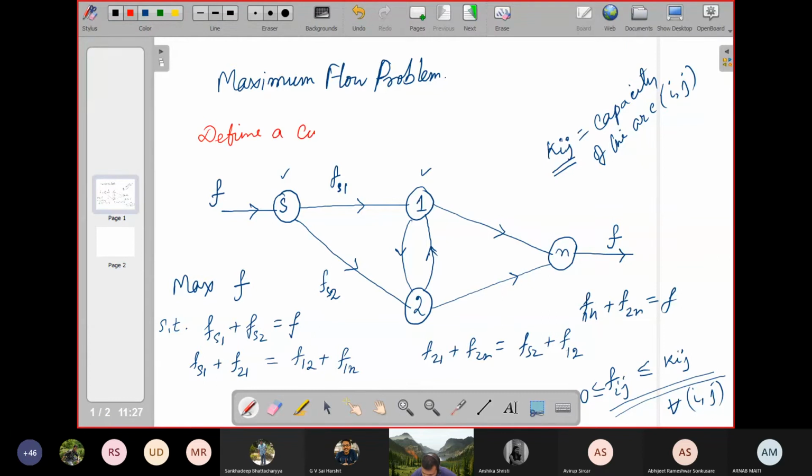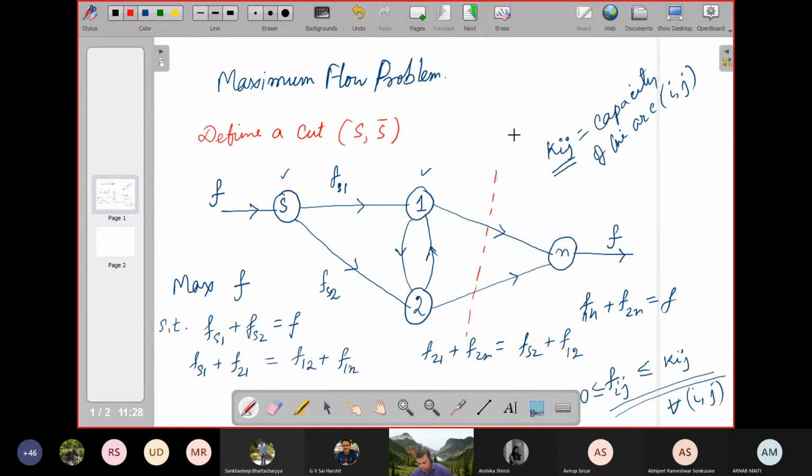S and S bar. Right. So if I draw a cut like this, is this a cut? Yes, sir. Why? Because it is cutting the graph into two portions. In one portion, the source node is there, and in another, the destination is there.